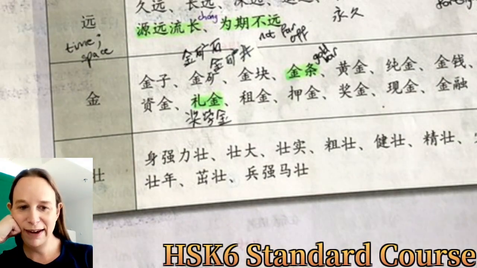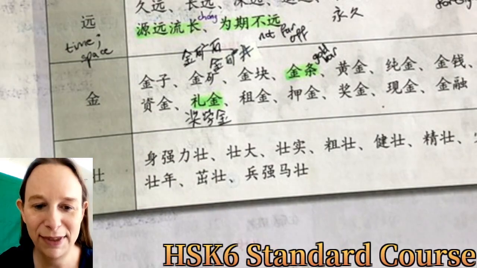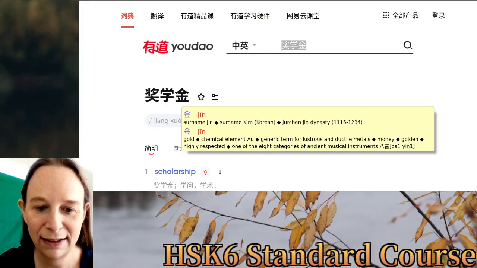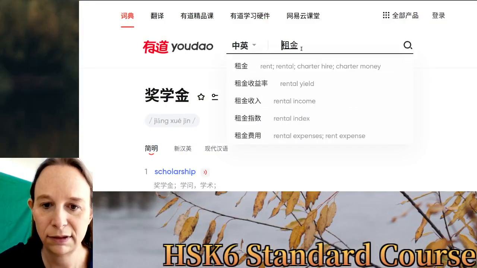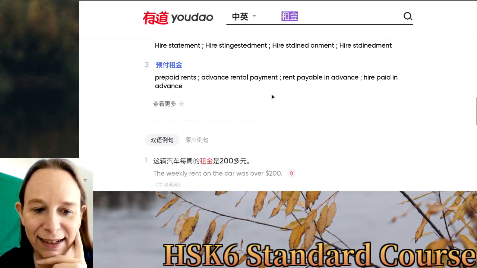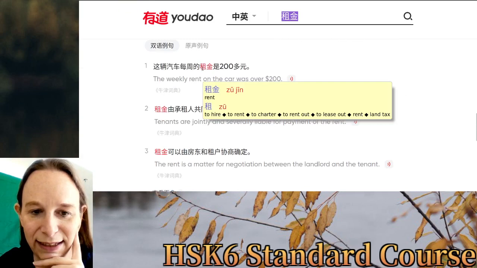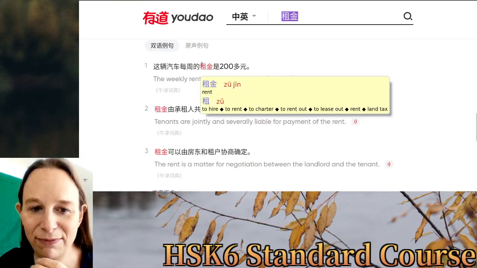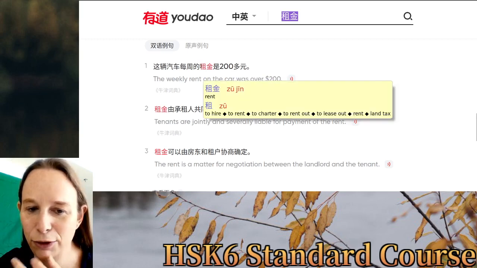租金, it's like rent money. Is it rent in the sense of rent money? Yeah, 租金, it's an amount of money. It's not to rent.